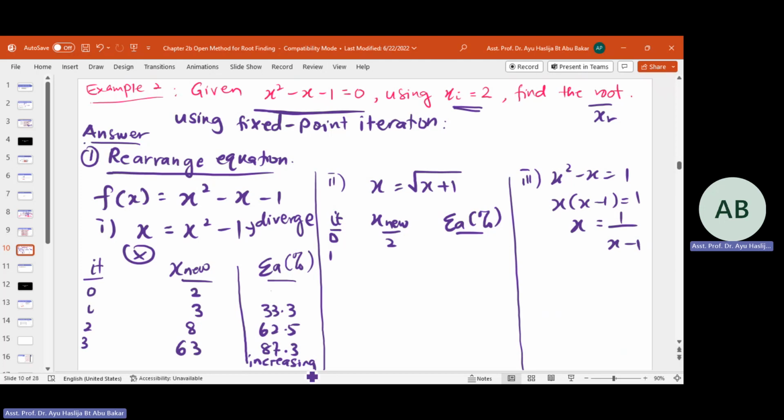Iteration 1, what do you get for the second equation? 1.73. Okay, check for the EA and try to see whether it is increasing or decreasing.